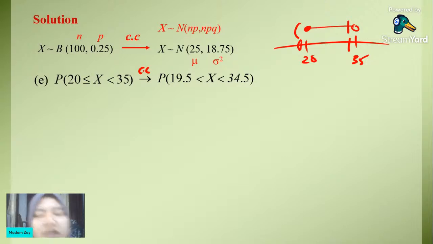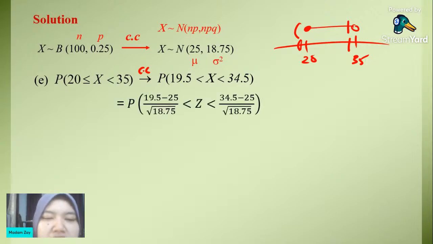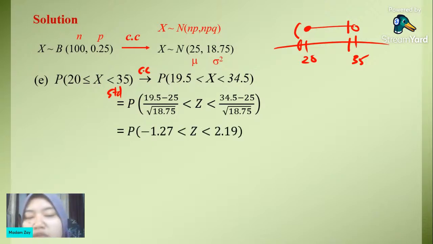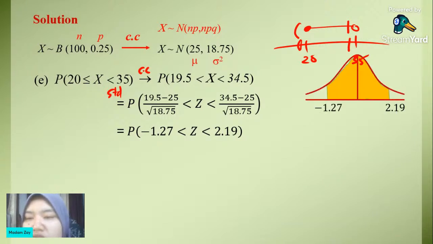After that, we can continue with standardizing. So we have probability of 19.5 minus 25 over square root of 18.75 is less than Z and less than 34.5 minus 25 divided by square root of 18.75, which when calculated, we get the value of Z between negative 1.27 and 2.19. So on the graph, negative 1.27 is on the left side of 0 and 2.19 is on the right side of 0.